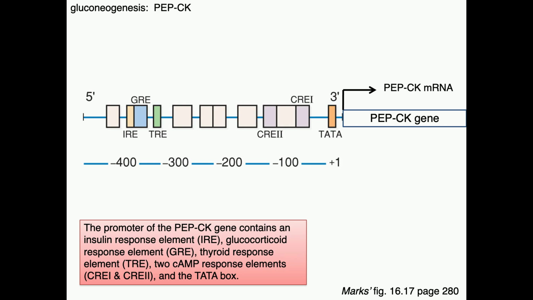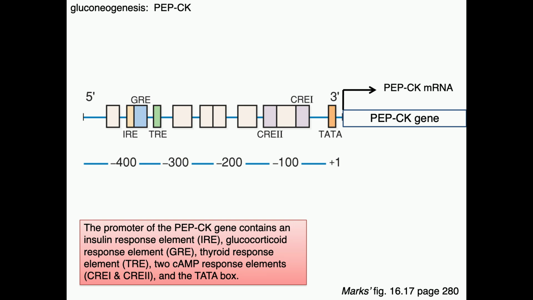So you get kind of coordinated transcriptional regulation of those 3 critical steps. Okay, I'll just show it in the context of the PEP-CK gene though, because that's the rate limiting step. Okay, so in the promoter of the PEP-CK gene, you have the minimal elements, the TATA box, and all the just basic stuff. But the major regulation is occurring through elements that are sensitive to hormones.